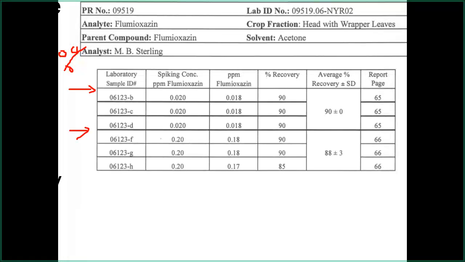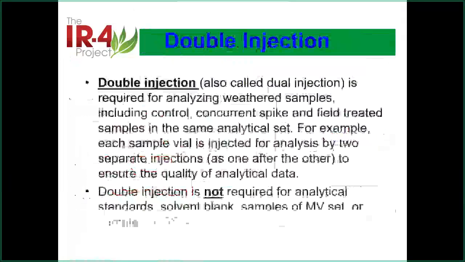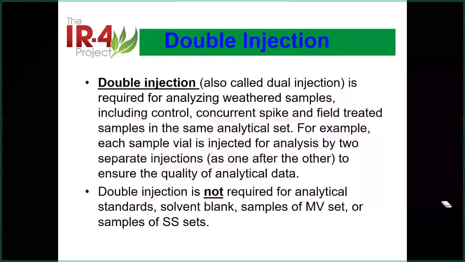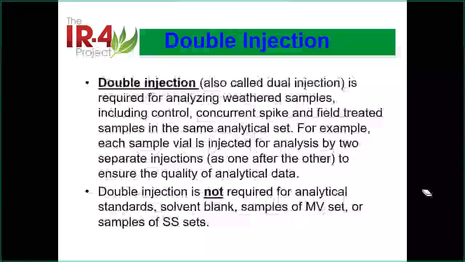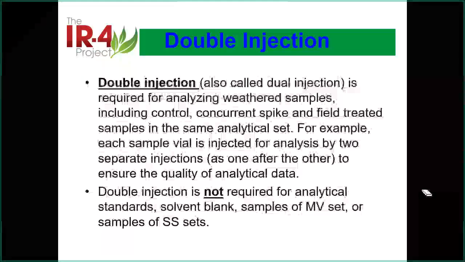Okay, let's move on to the question of double injection, which continues that question. Now we have 4 samples: the control and 3 spikes.